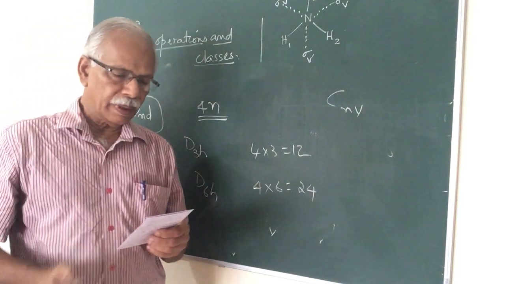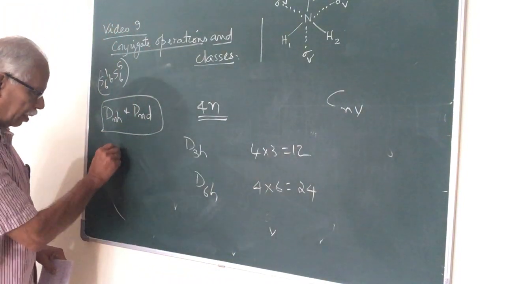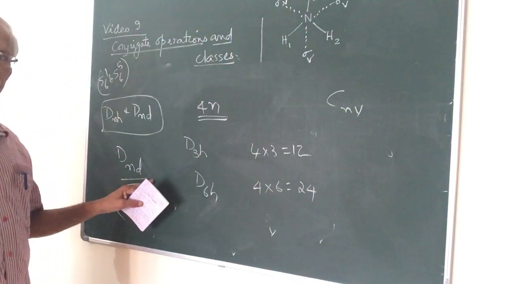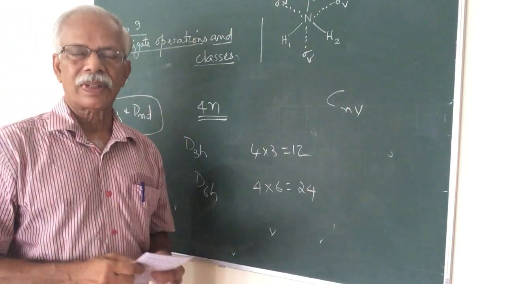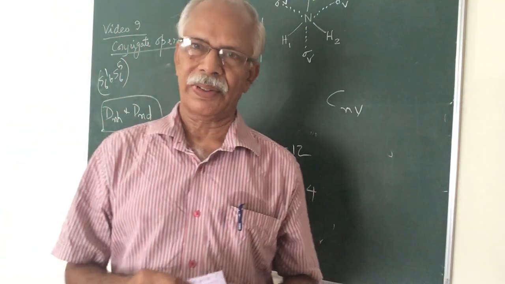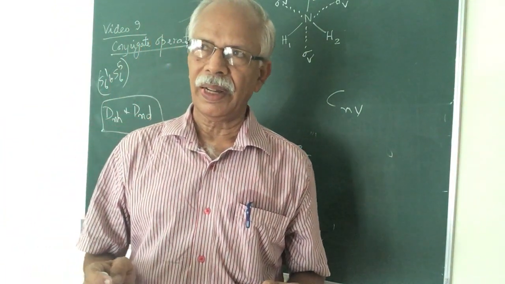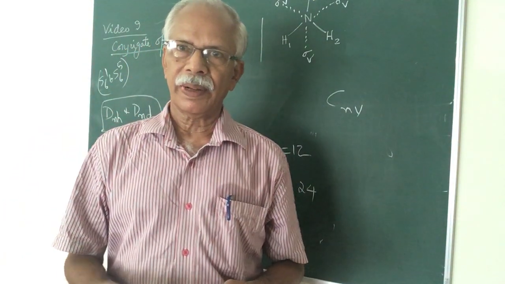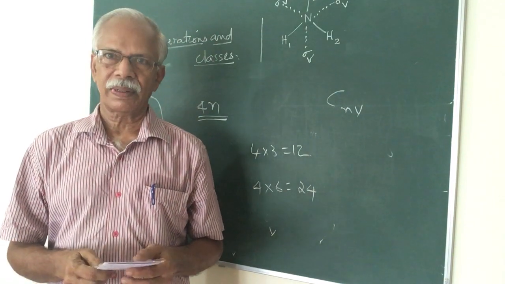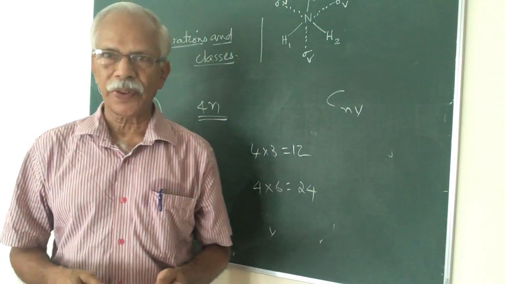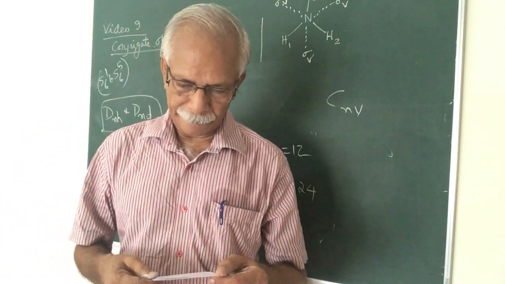If in the Dnd group, all the n C2 axes perpendicular to Cn will belong to the same class. But in the Dnh group, if n is even, the C2 axes perpendicular to Cn will belong to two different classes.